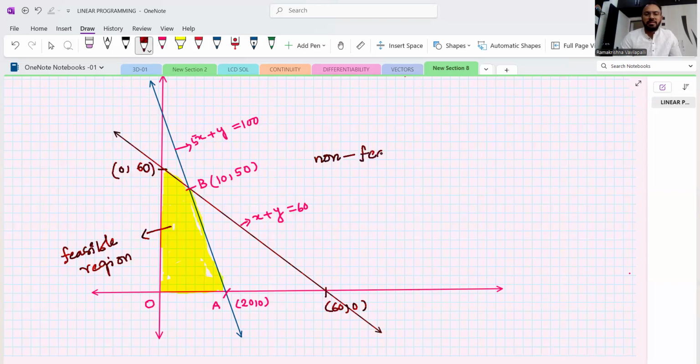Non-feasible region means it is not at all useful for us. Now you see the boundaries. OABC is a polygon, where this is assumed to be C. OABC is a convex polygon.